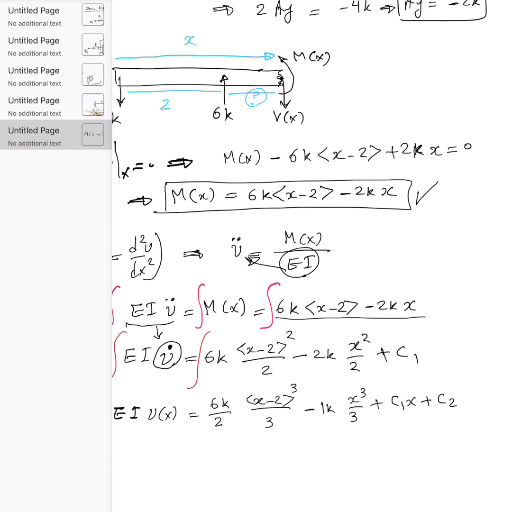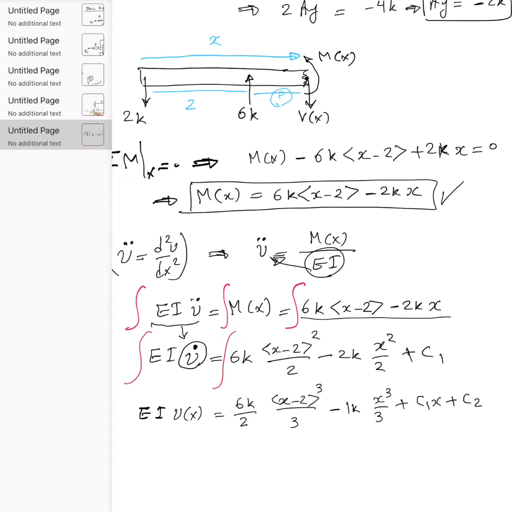That's all you get. Before I apply boundary conditions, let's simplify a little further. 6K divided by 3 is 2K, and 2K divided by 2 is 1K. So the entire coefficient of this term is simply 1K.